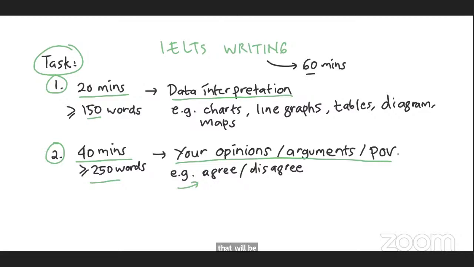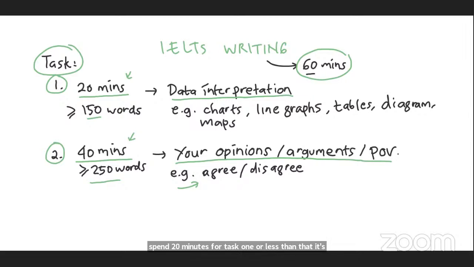Also, how can we divide these timings? I think they only give you 60 minutes, so it's up to you, and you can manage your own time, whether you want to spend 20 minutes for task 1 or less than that, it's okay.